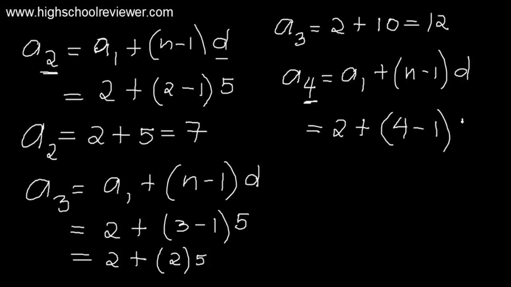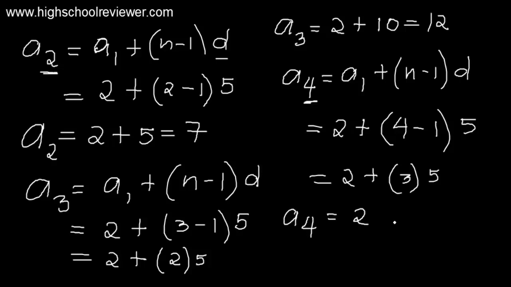Our d is positive 5. 2 plus 4 minus 1, that is positive 3 multiplied by 5. So our a sub 4 will be equal to 2 plus 3 times 5 is 15. So our a sub 4 will be equal to 17.